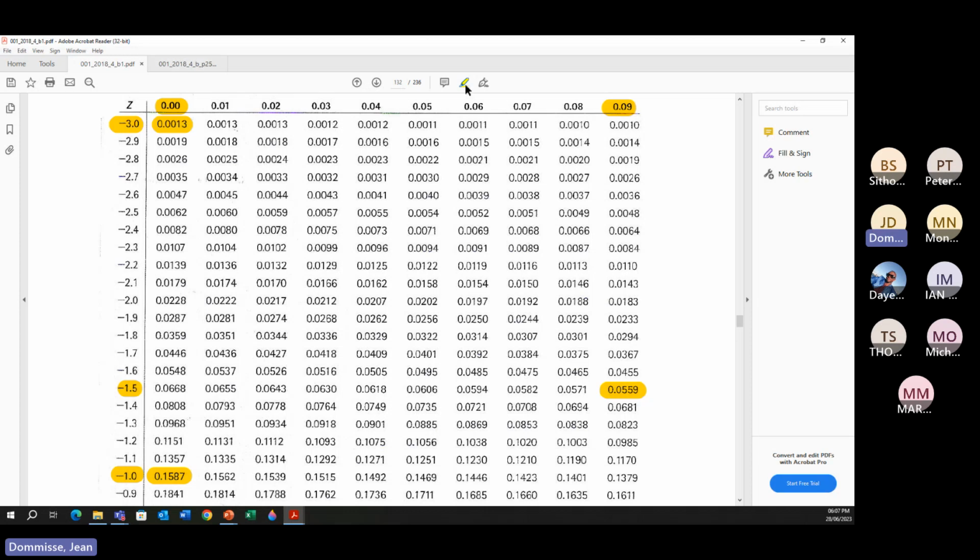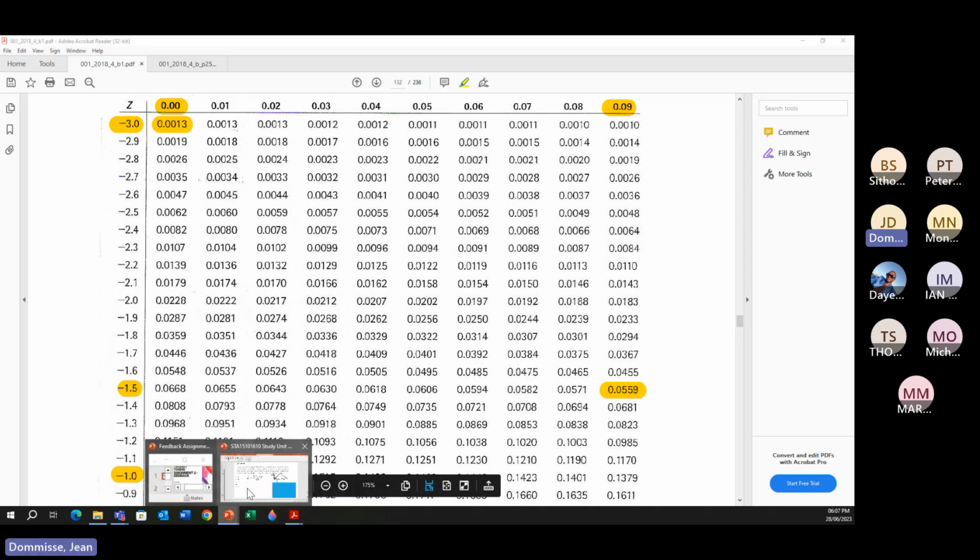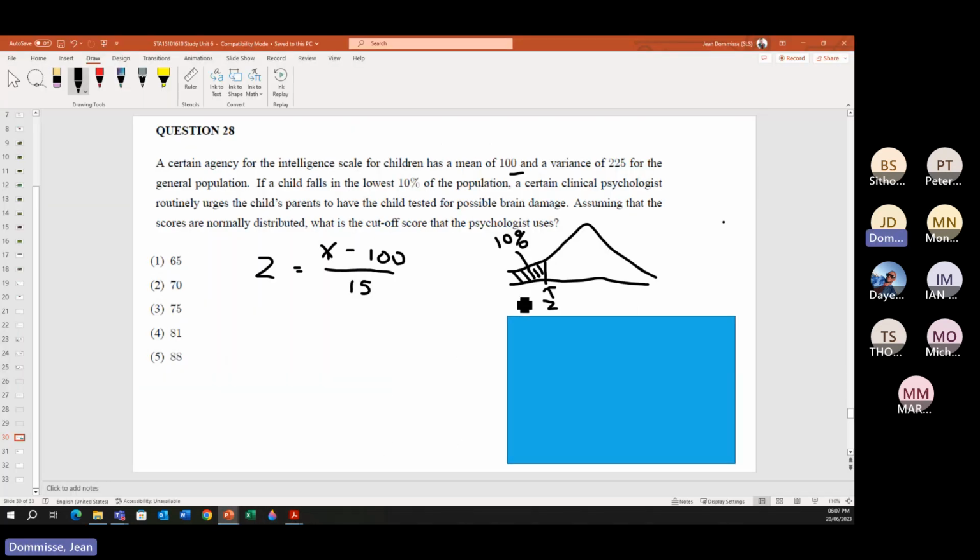So 10%, and let's quickly see if I can write on this. Why can't I write on this now? Okay, let's just do it here. So 10%, if it's underneath the graph, is 0.1.